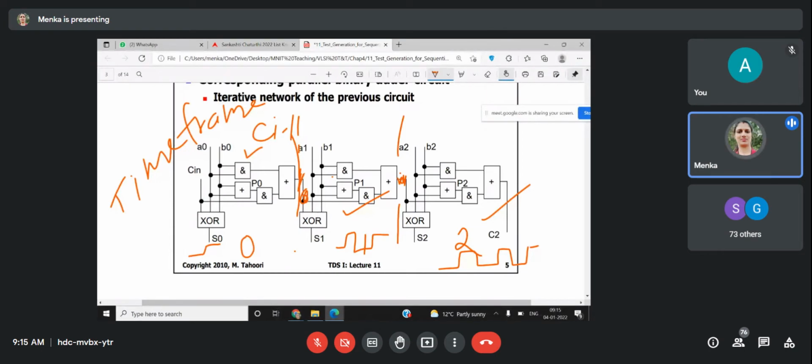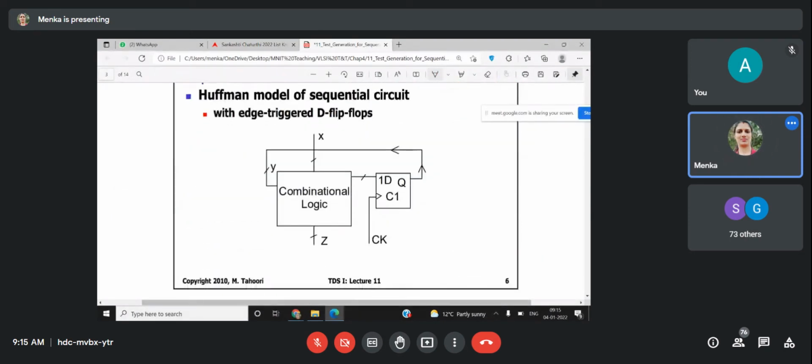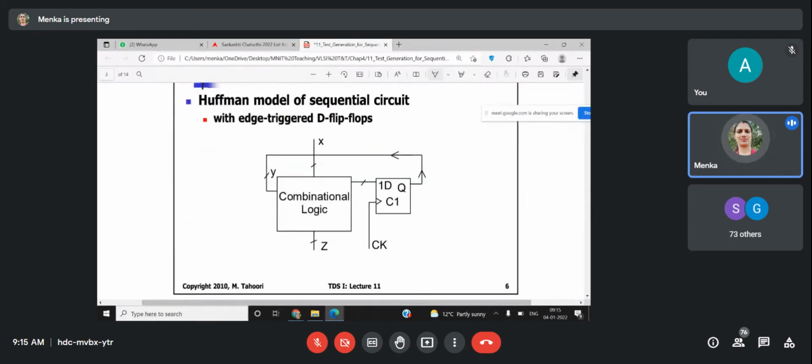The time frame is decided by one clock period, because we are thinking that in one clock period this whole circuit is invoked. That's it. Understood? Yes, ma'am. Okay, so now let's proceed. So this is the general model of the sequential circuit.